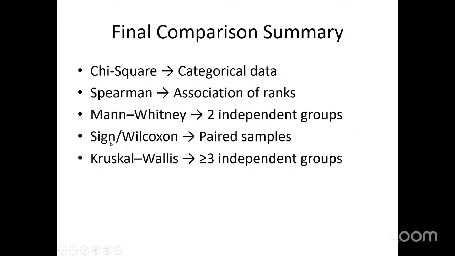Keeping in mind, for the sign test only we have the direction. For Wilcoxon we have the direction and the magnitude simultaneously. So as per the need you have to choose the test. For three or more independent groups, we have the Kruskal-Wallis test. So this is the summarized slide. When you see this kind of data, you have to use this kind of tests.